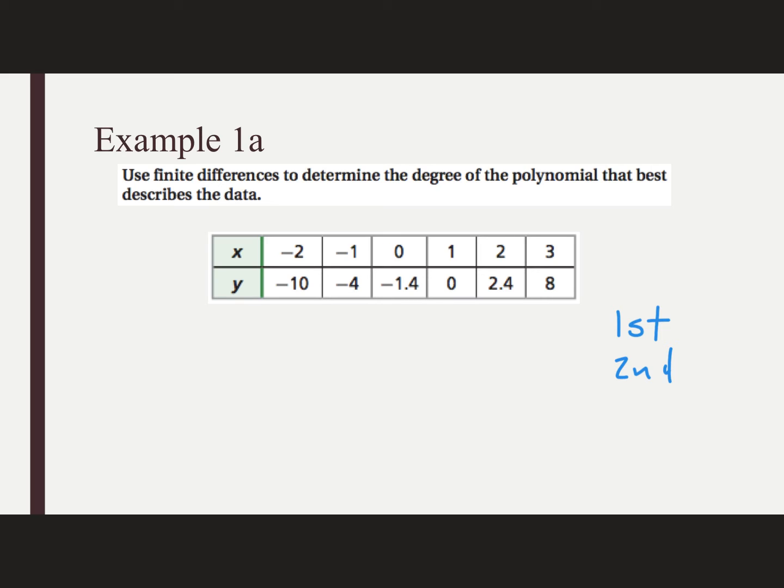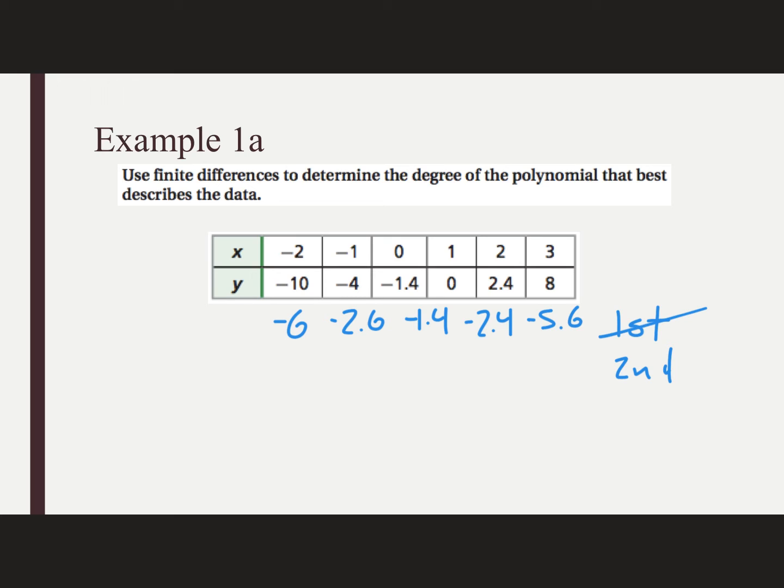Negative 10 minus negative 4 is negative 6. Then negative 4 minus negative 1.4 is negative 2.6. Negative 1.4 minus 0 is negative 1.4. 0 minus 2.4 is negative 2.4, and negative 2.4 minus 8 is negative 5.6. So we know it's not a first degree polynomial because those didn't match.